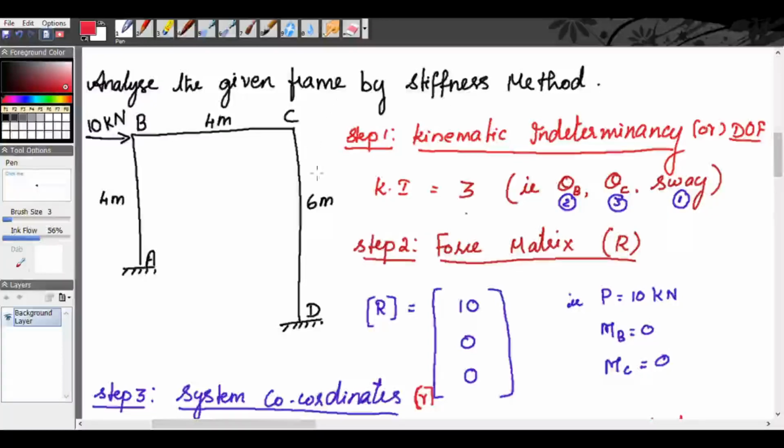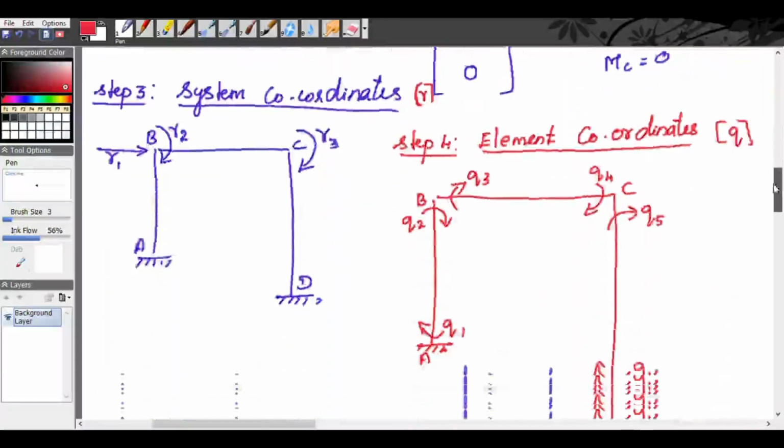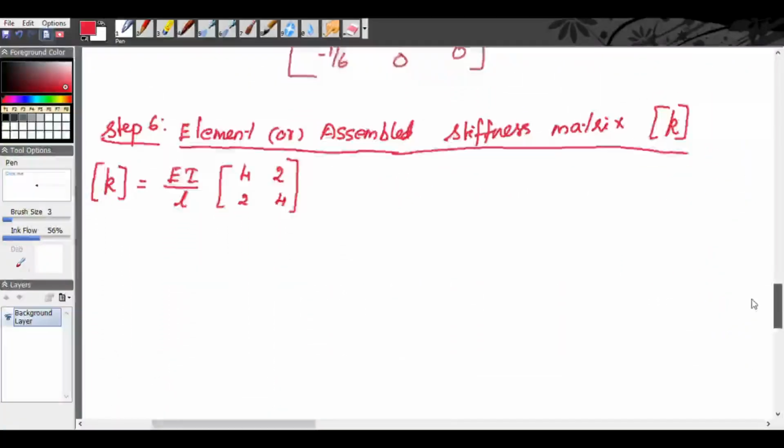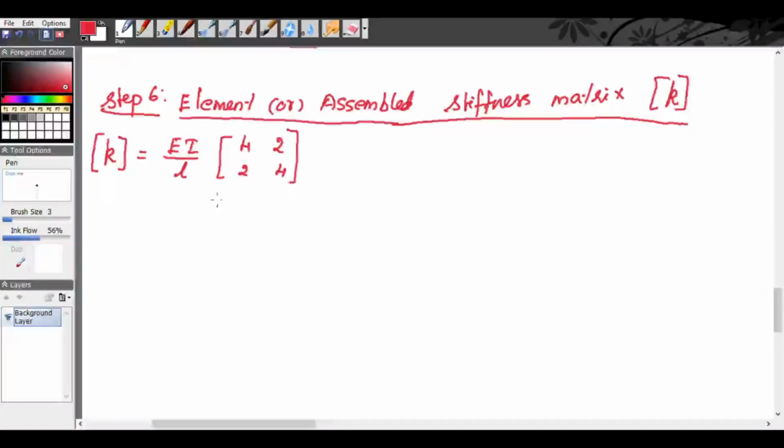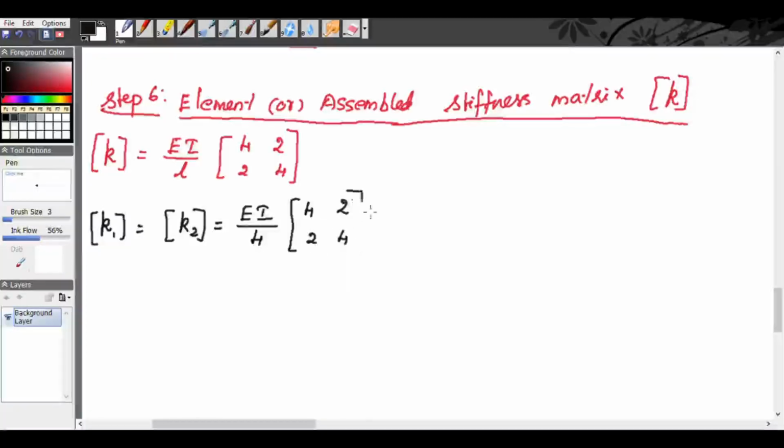So for K3, L is 6 meter. So K1 equal to K2 is equal to EI by L. So L is 4 meter. So 4, 2, 2, 4.